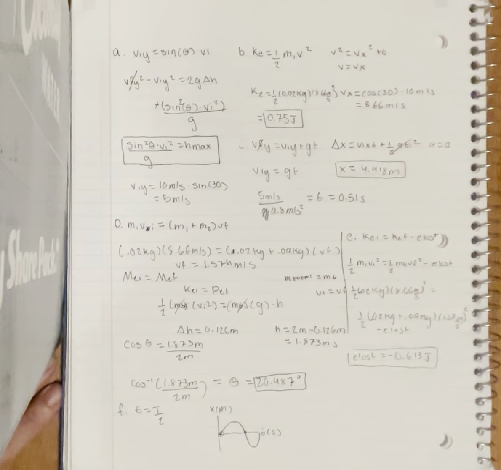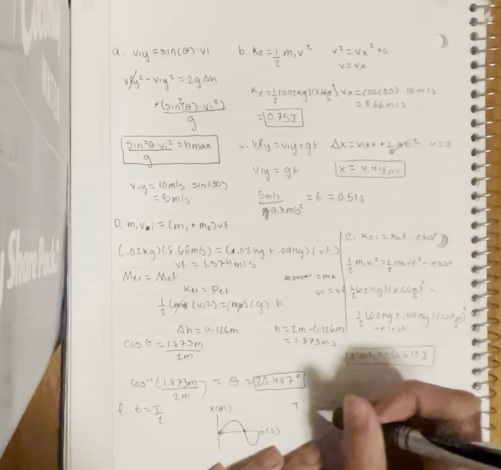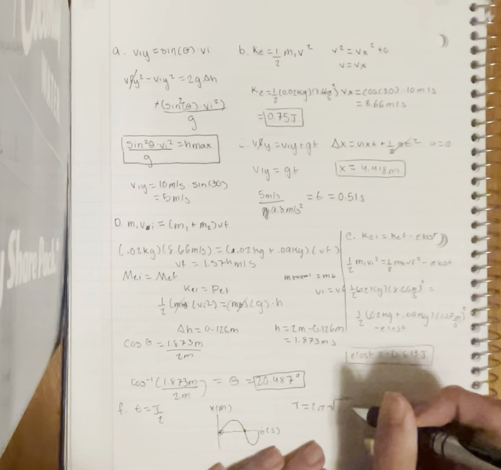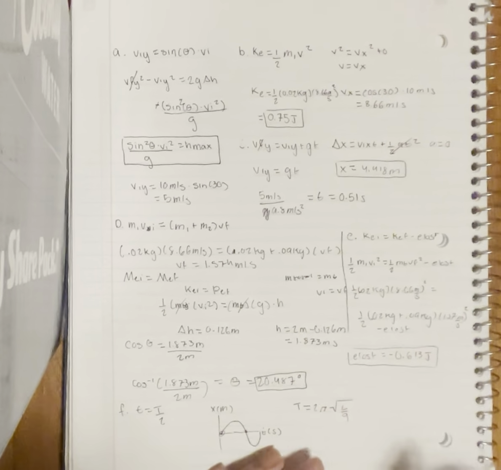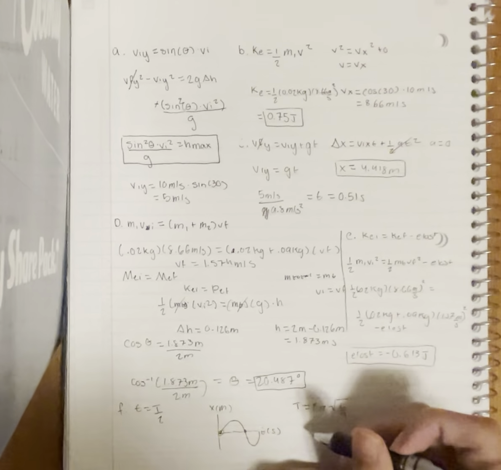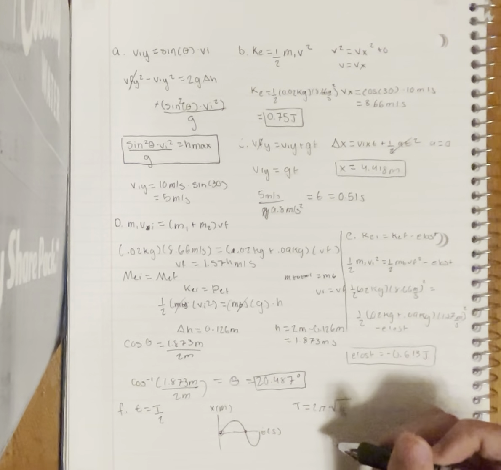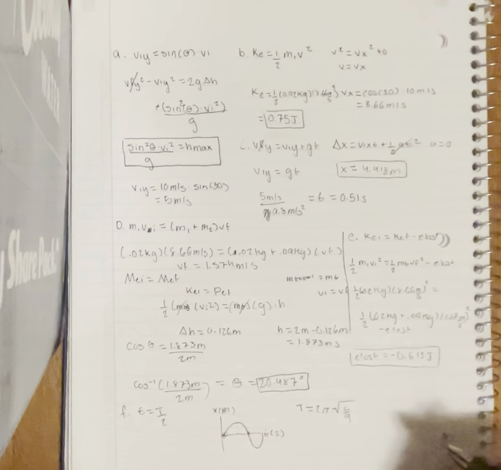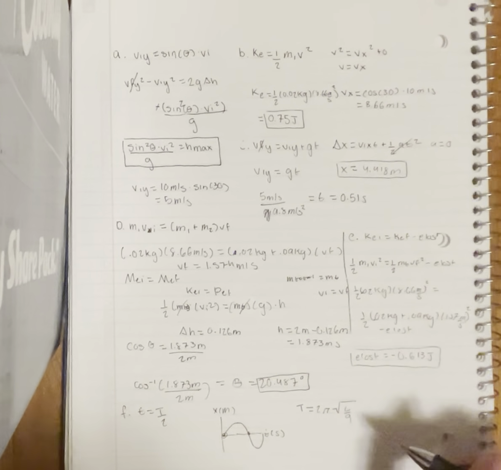So now that we know it's T over 2, we can find the period, and then we divide it by 2. So T is equal to 2 pi square root of L over g. It's L over g because that's the formula for a simple pendulum, and you just replace the constants such as m. You can just replace the variables, which is m and L, on top.